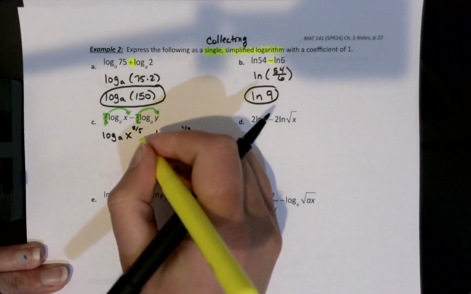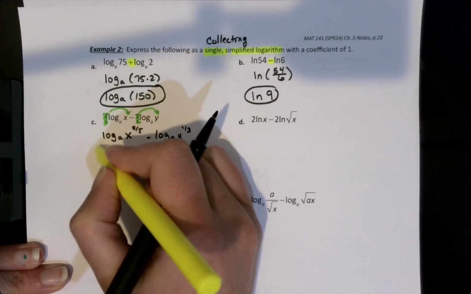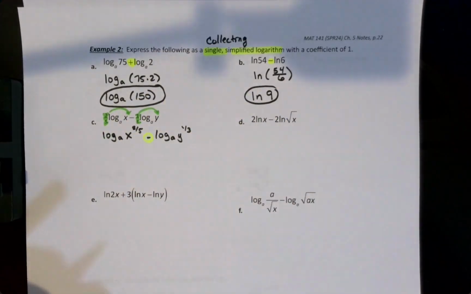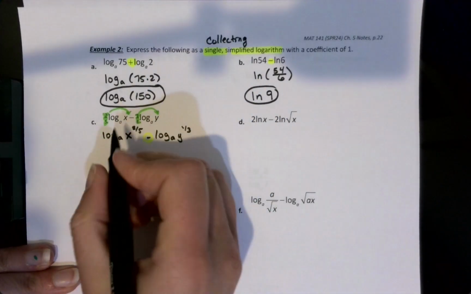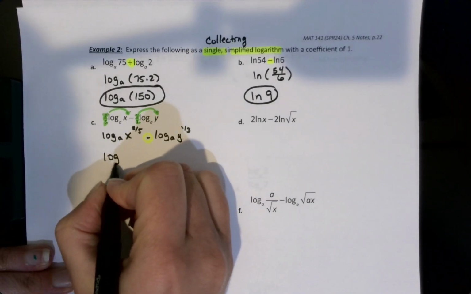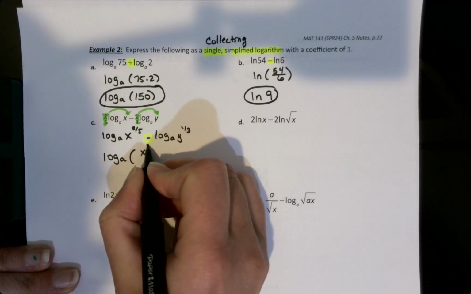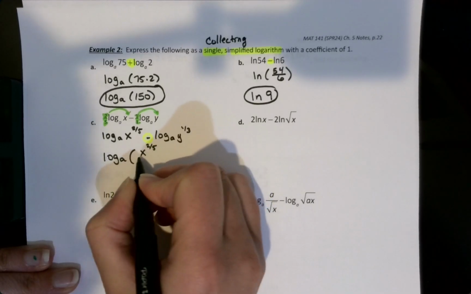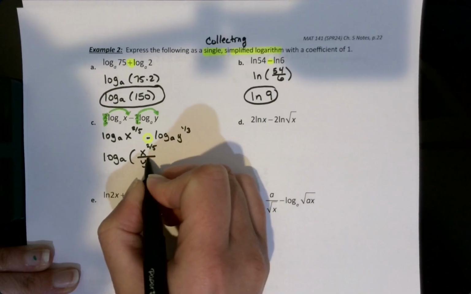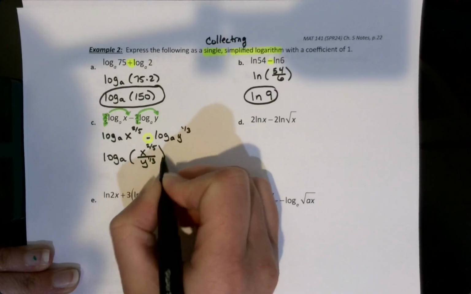Then from there, I have a single logarithm, so there's no coefficient. I'm able to take care of that subtraction now, minus a single logarithm. And I'm going to end up with the logarithm base A of x to the 2/5 power divided by y to the 1/3 power.